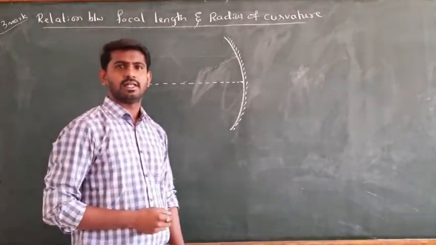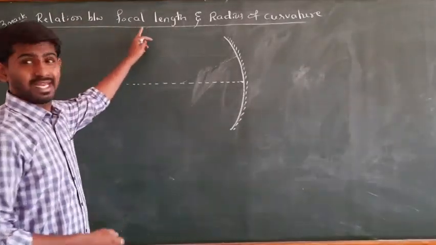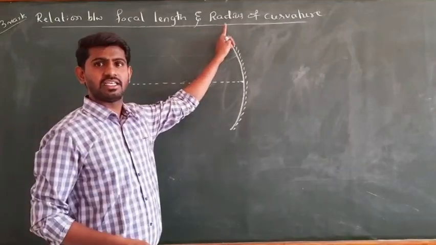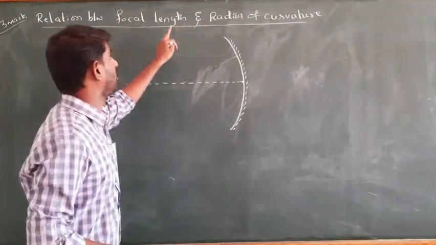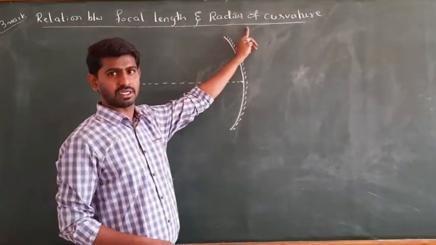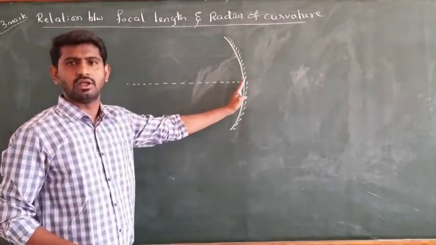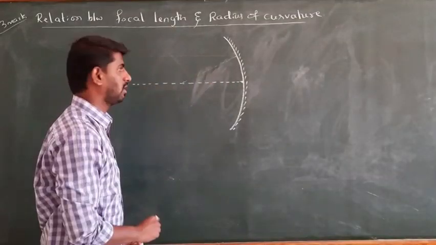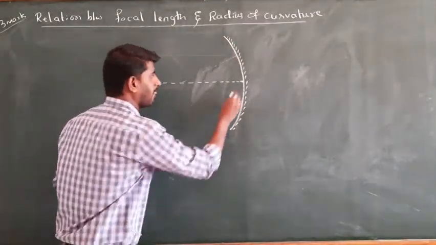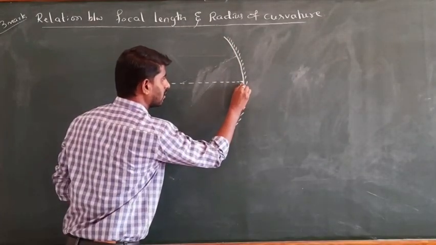Next point is the relation between focal length and radius of curvature. Its symbol is small f and this is capital R. What's the focal length? The distance of the principal focus from the pole. So this is the concave mirror and this is the pole.